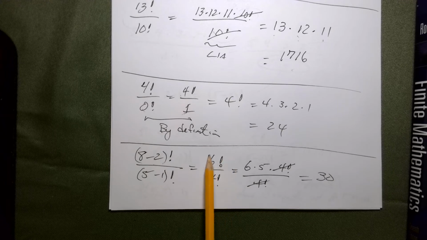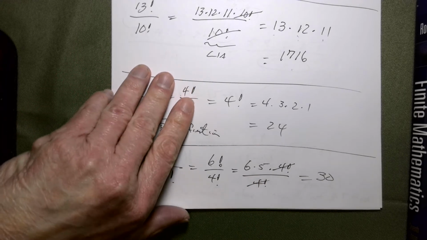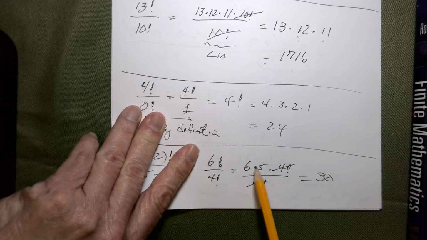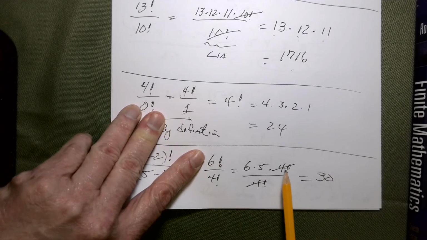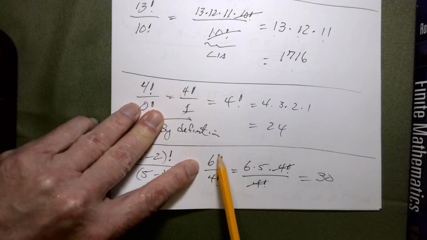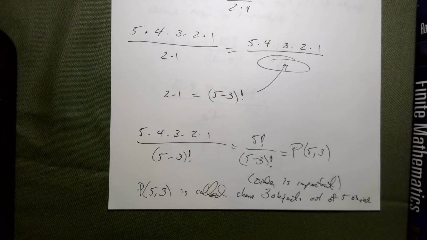We take the 6 and we stop it at the 5, and we have a 4 factorial left over. This is going to cancel with this one, and we're just left with 6 times 5, which is 30. So please don't take 6 times 5 times 4 times 3 times 2, and then 4, 3, 2, 1. Cancel. Just pull off a 4 factorial, and you're left with a smaller number that you don't have to be messing around with.